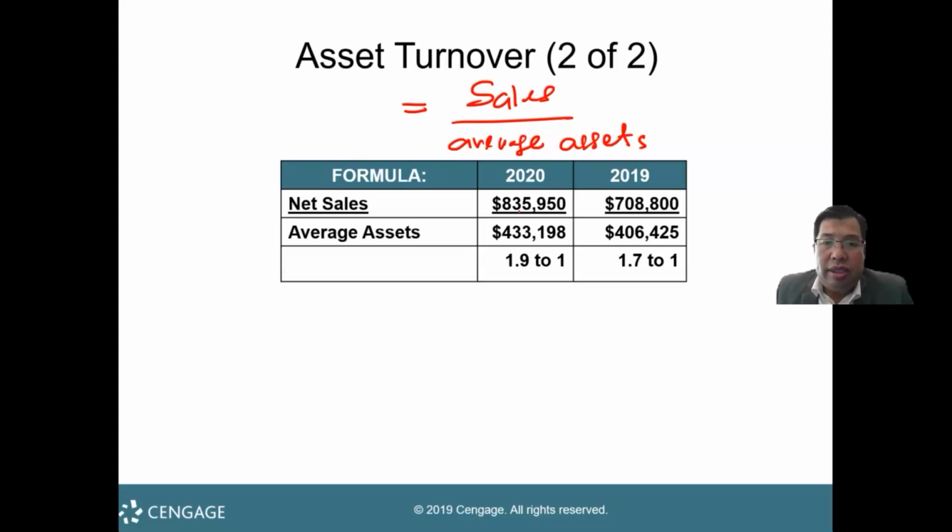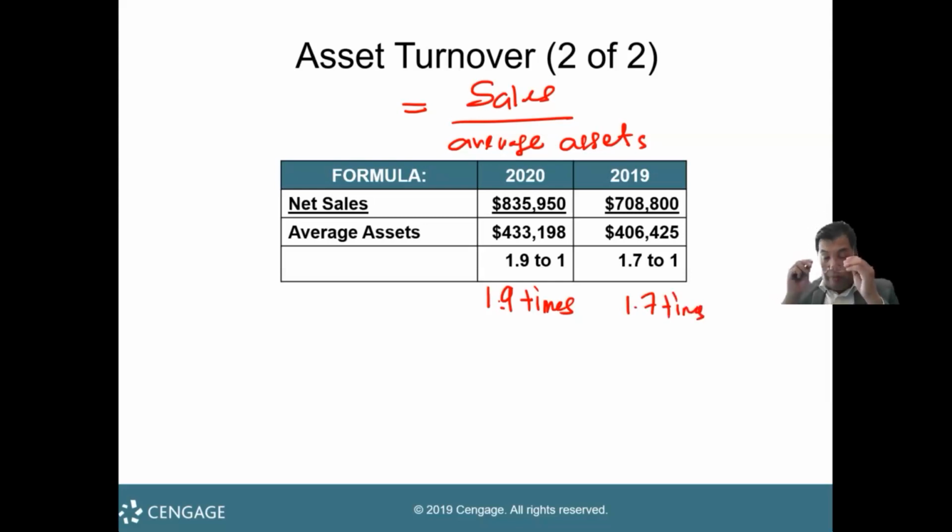So your sales is 835,940. Your average asset is 433,198. So for this year, 2020, your asset turnover is 1.9 times, whereas in the previous year it is only 1.7 times.